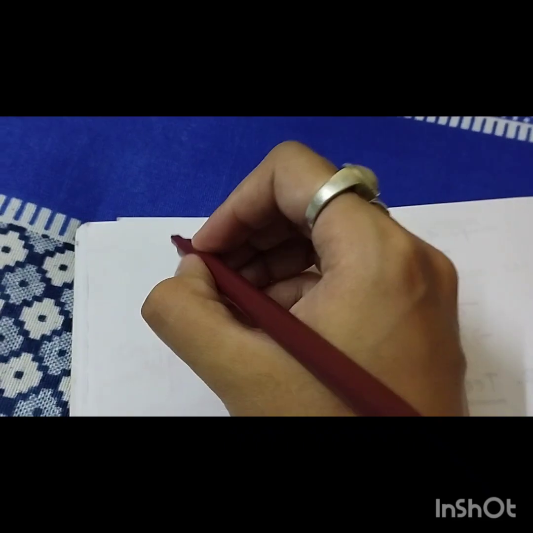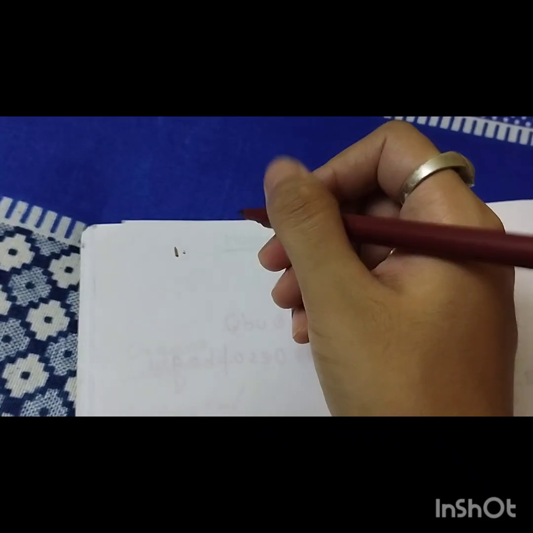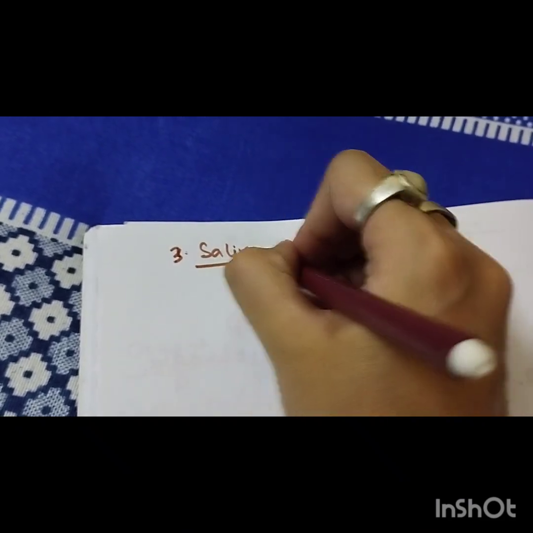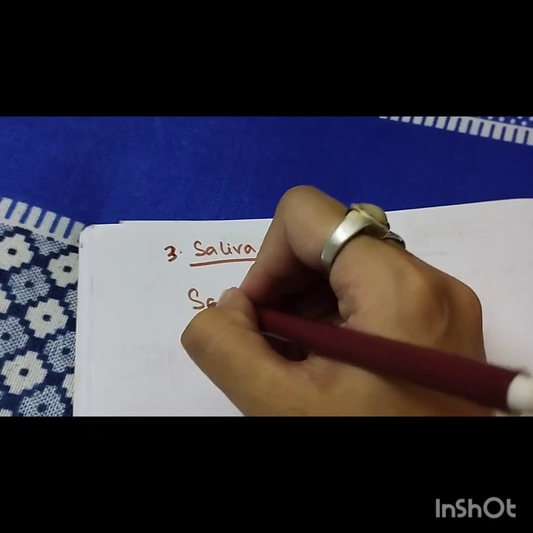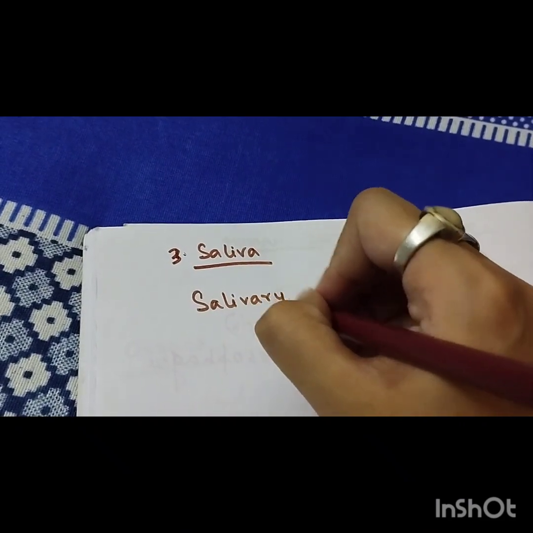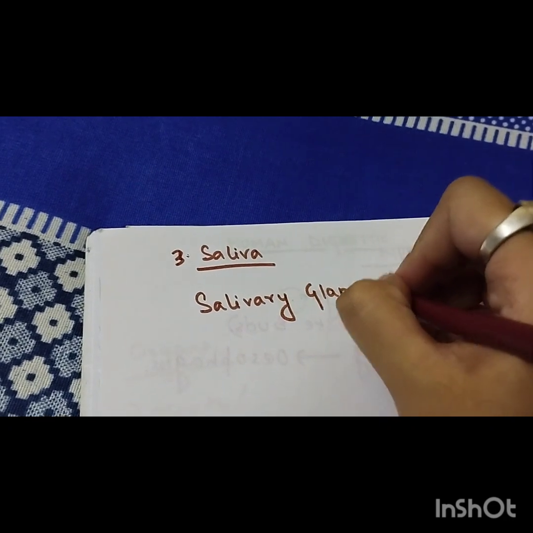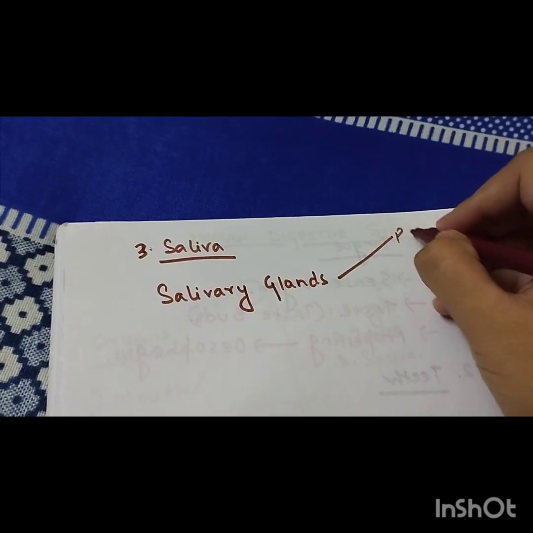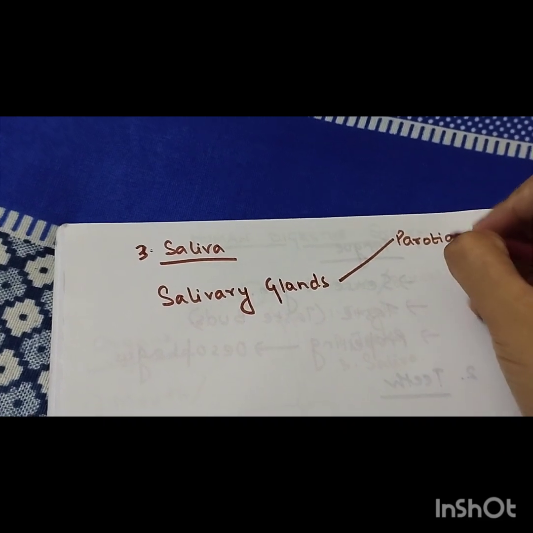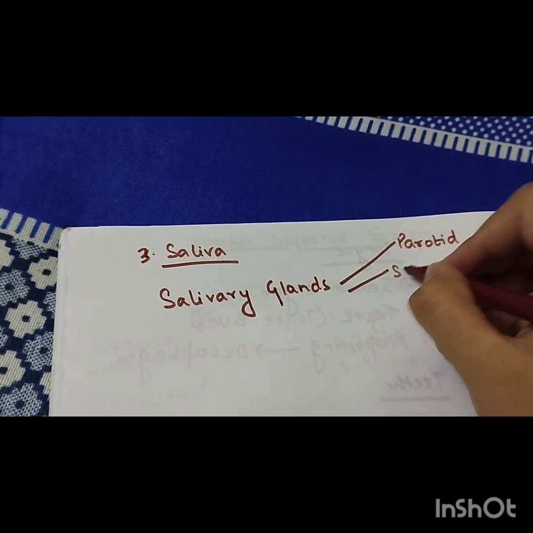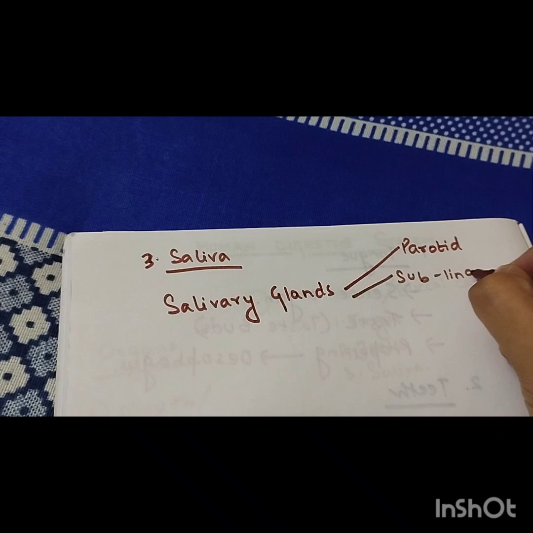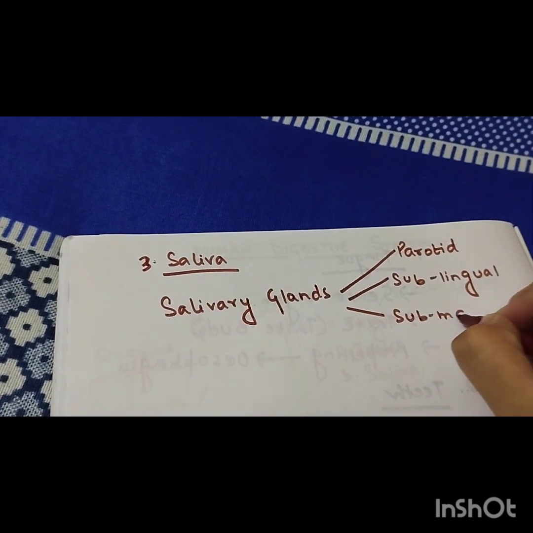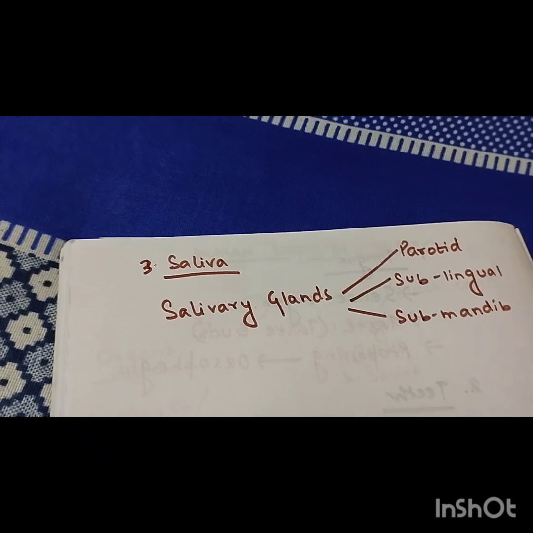After teeth and tongue, the third thing that comes into play is saliva. Saliva is secreted from glands known as salivary glands. We have 3 salivary glands. Those are the parotid gland, which is the largest one, the sublingual below the tongue, and the submandibular below the mandible, that is the lower jaw.